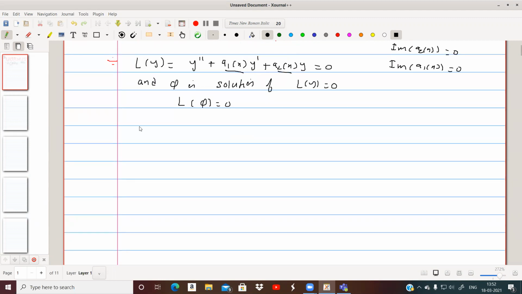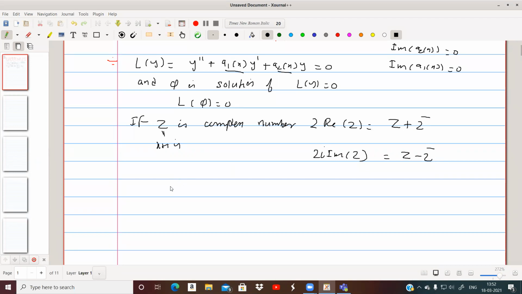So in complex analysis, you might have discussed, if z is a complex number, we can write 2 times the real part of z as z plus z-bar. So with z = x + iy, z plus z-bar is 2 times x. And what is the imaginary part of z? 2i times the imaginary part of z is z minus z-bar. So this logic we are going to apply.